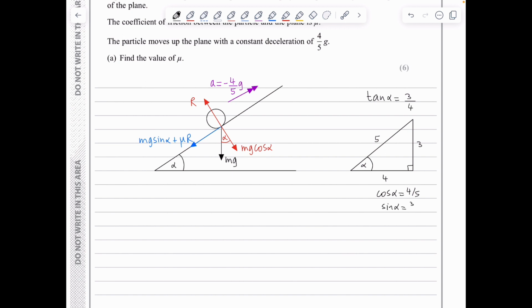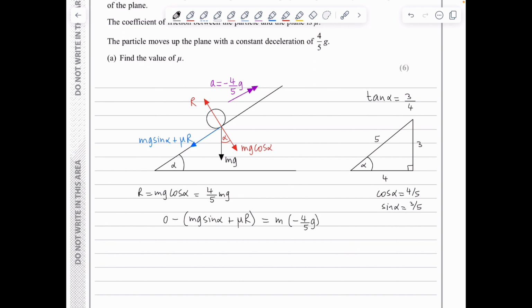Remember, we're trying to determine the value of mu, so I will start by balancing the perpendicular forces to the plane. So we have that R is equal to mg cos alpha, which takes me to 4 over 5 mg. Then looking at the forces acting along the plane, because the particle is moving up the plane, I'm doing forces acting upwards, which is nothing, minus forces acting down the plane, which is mg sine alpha plus mu R, is equal to mass times acceleration, which is m times minus 4 over 5 g.